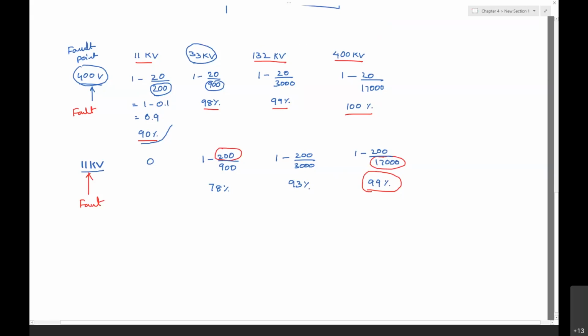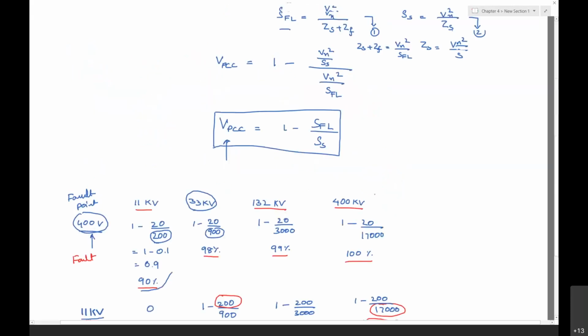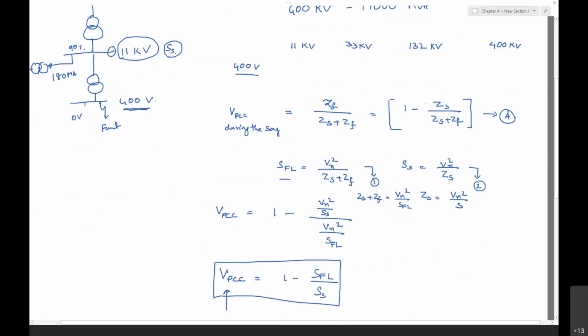That's what we get: 1 minus 200 divided by 17,000, and the drop is only 1 percent. Because of that, if a fault occurs at a lower voltage, it doesn't have any kind of impact on the higher voltage. Okay, this particular equation is written this way for understanding only.